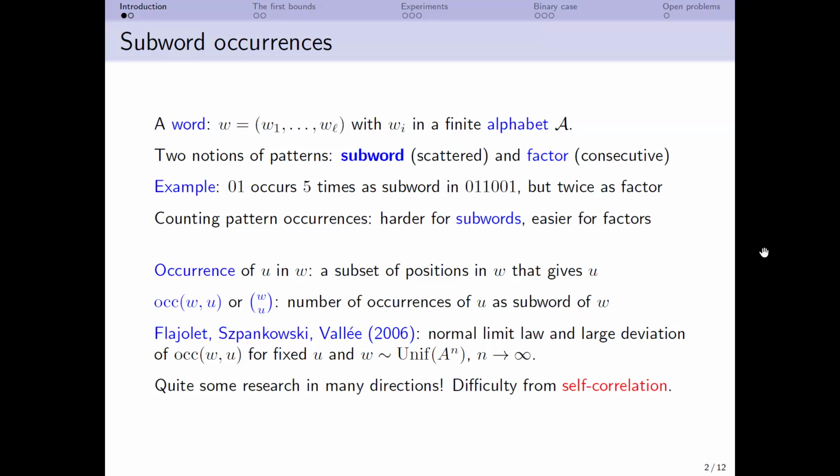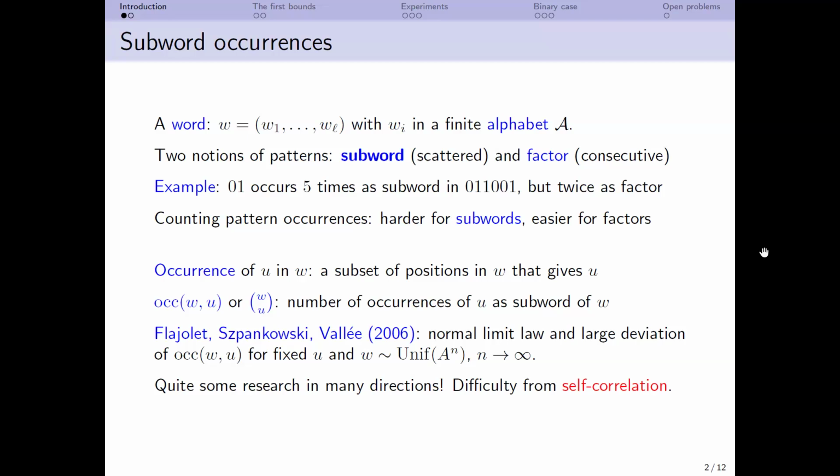But if we count factors, we require them to be consecutive, then there will be only twice as occurrence. In general, counting problems on occurrences are easier for factors than for subwords because factors are consecutive, so we have much more restrictions on it. That's why in this talk, we're only talking about subwords.